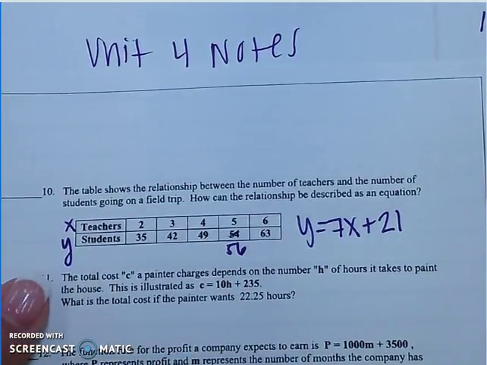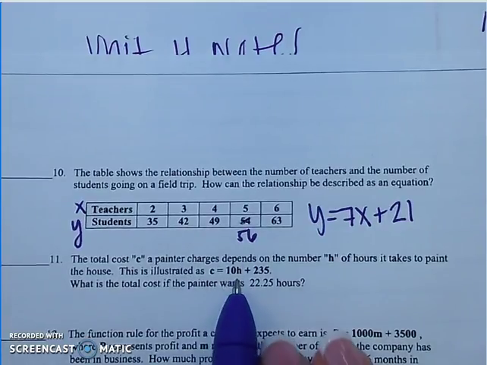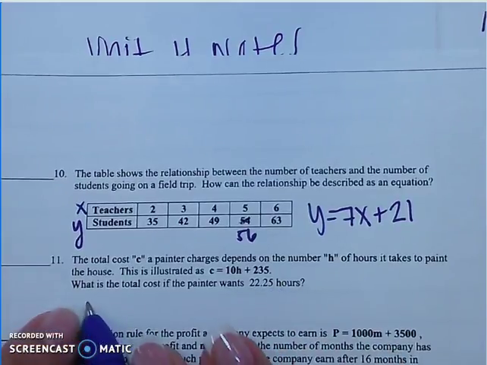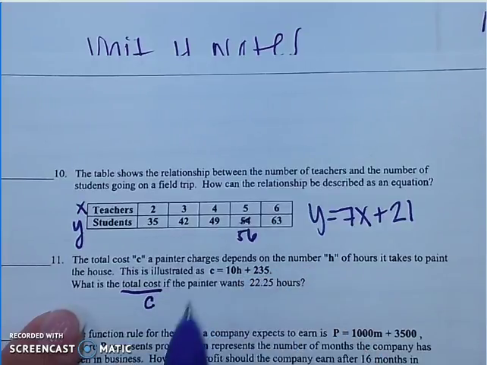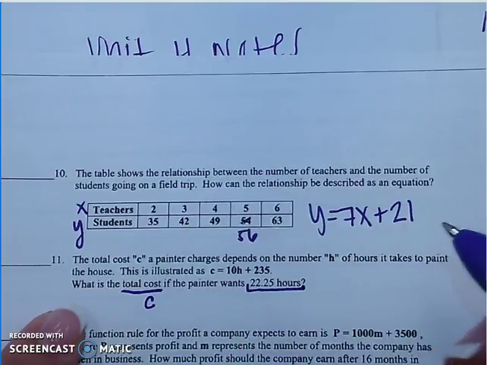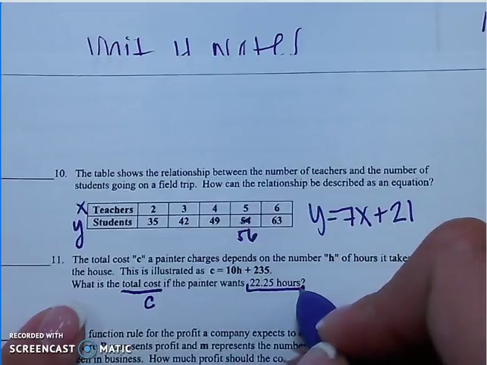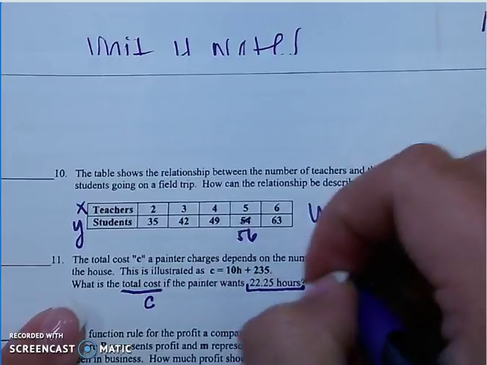11, we're looking at the cost that a painter is charging depending on the number of hours it takes to paint the house. It was very kind, and it gave us an equation. The cost, they're making $10 an hour plus $235. I want that total cost, so I'm looking for C, if the painter wants 22.25 hours of work. Okay, so I'm going to take this 22.25, and since it's telling me it's hours, it's going in for the H variable.